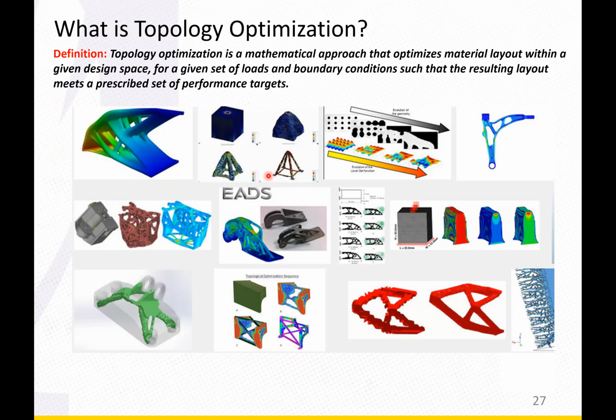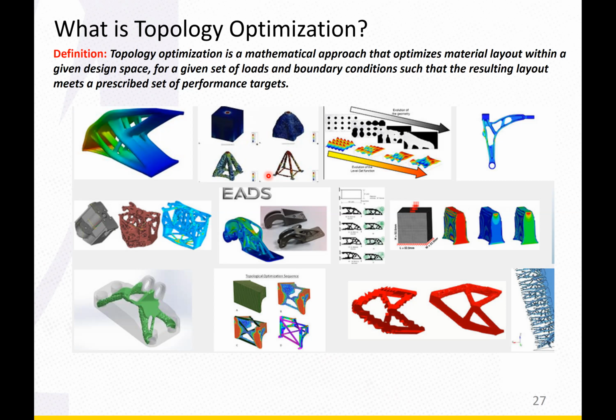There's a definition I copied from the Siemens website. Topology optimization is a mathematical approach that optimizes material layout within a given design space, for a given set of loads and boundary conditions, such that the resulting layout meets a prescribed set of performance targets.